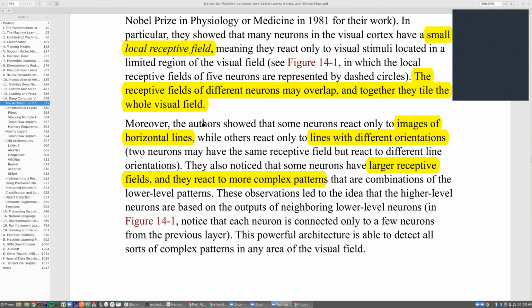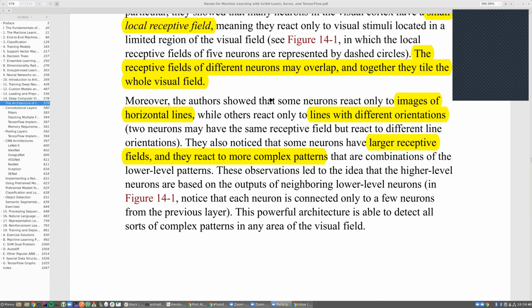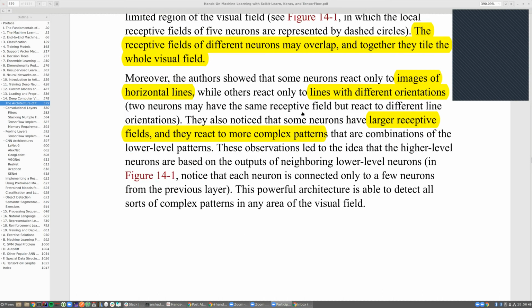One of the critical things they showed was that certain neurons only reacted to horizontal lines, while others reacted only to other orientations of lines. This was not known before, how specialized individual neurons were. It was this research which showed that neurons were highly specialized to different aspects of the input, and that later motivated convolutional neural networks.